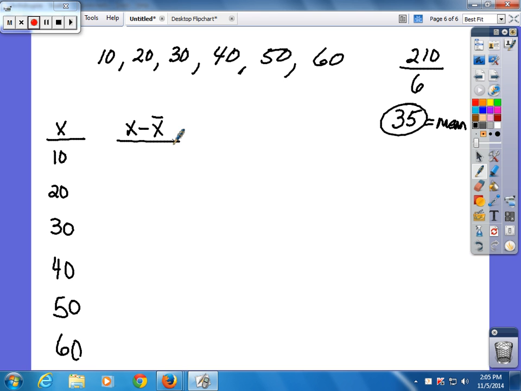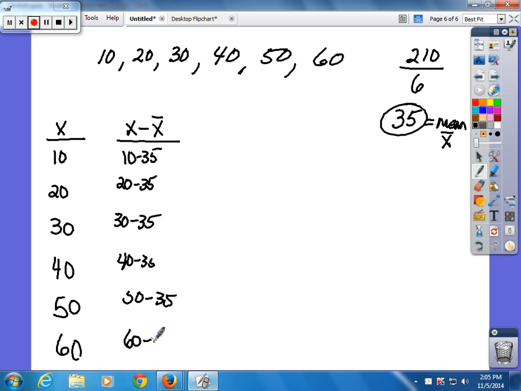X bar is another way of writing the mean. So X bar is equal to 35. So I've got to take 10 minus 35, 20 minus 35, 30 minus 35, 40 minus 35, 50 minus 35, and 60 minus 35.